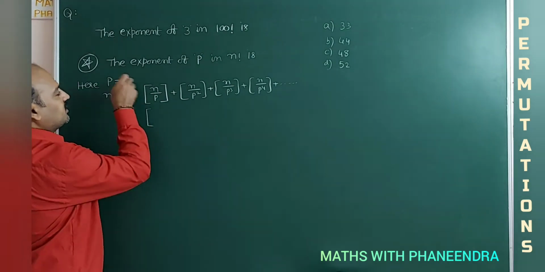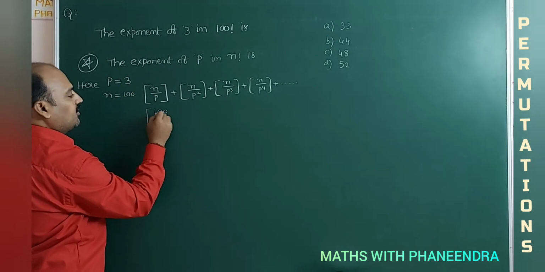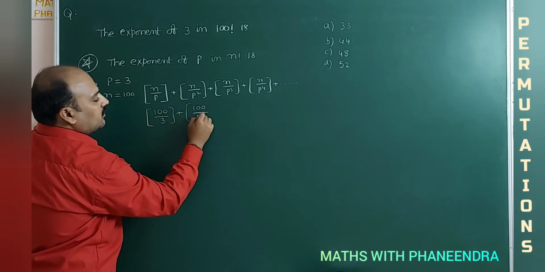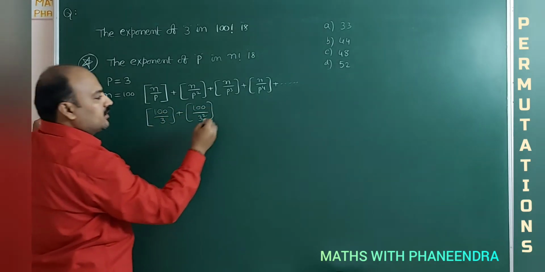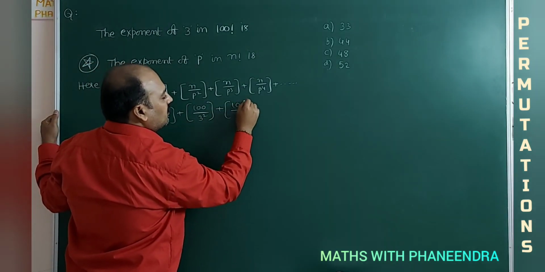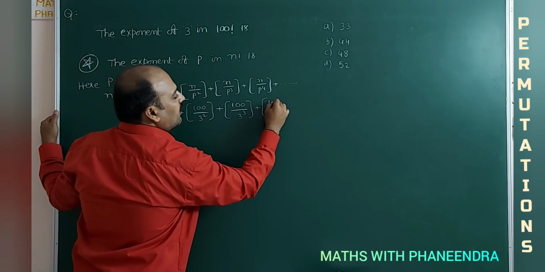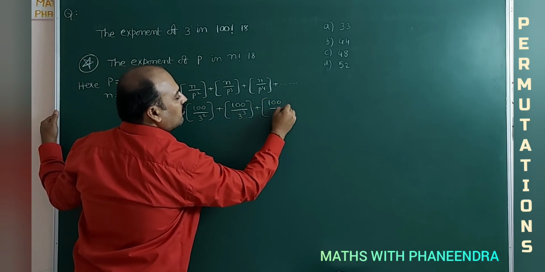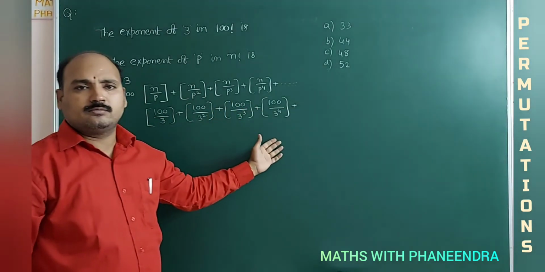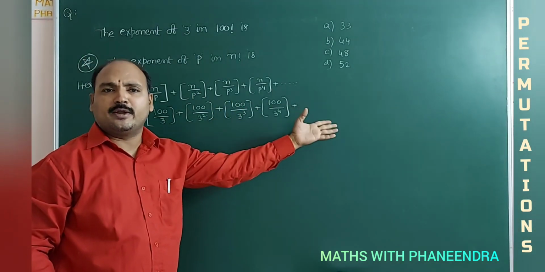So substitute the respective values: 100 by 3 plus 100 by 3 square, 3 square means 9, plus 100 by 3 power 3 plus 100 by 3 power 4. 3 power 4 is 81. 3 power 5 is more than 100.